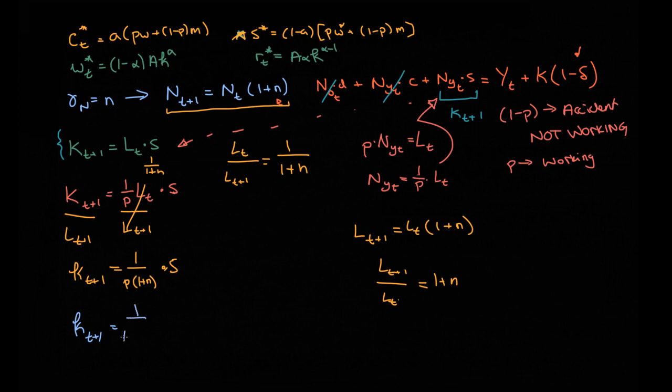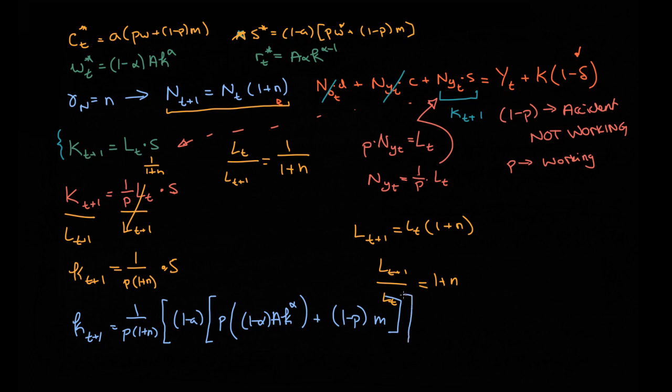It will be equal to 1 over p times (1+n) times the quantity s, which is (1 minus a) times another quantity, p times another quantity, which is going to be (1 minus alpha) A k^alpha, plus (1 minus p) m, close brackets, close brackets. So there you go. We'll draw a beautiful box. Well, a box. I don't know if it's a beautiful box.